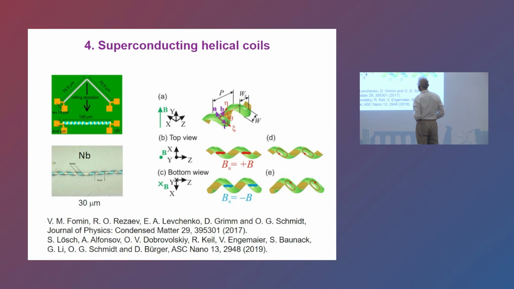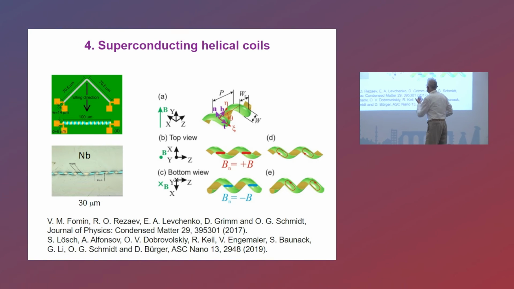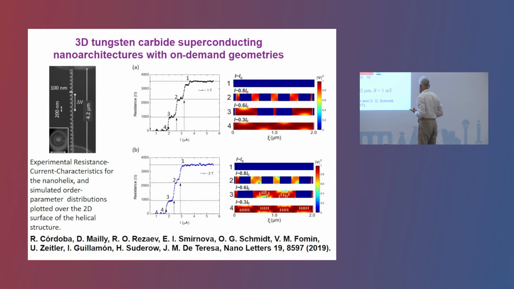Next one. The last few minutes I will devote to other nano-architectures, and one of them is a helical coil, which was produced by different methods. Next one. There is incommensurability of the vortices in different half windings of such a tube, which certainly is influential for transport. Next one.